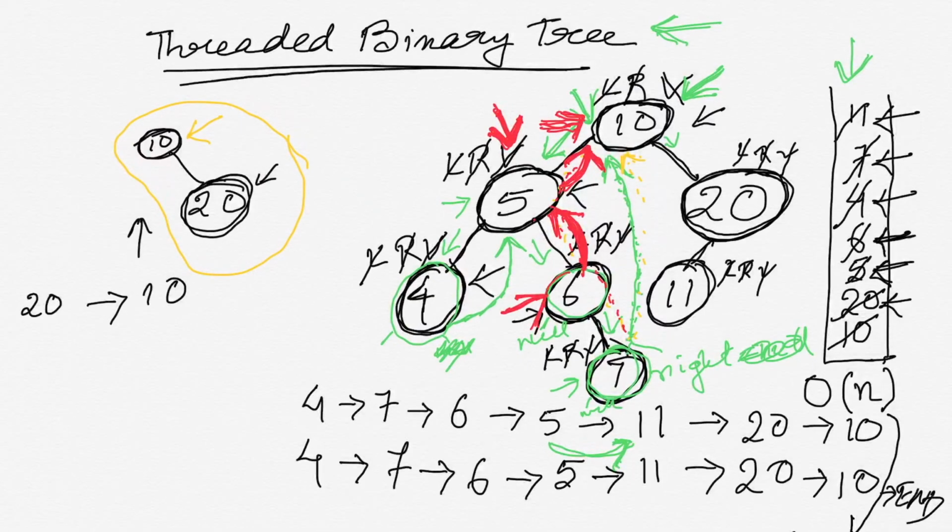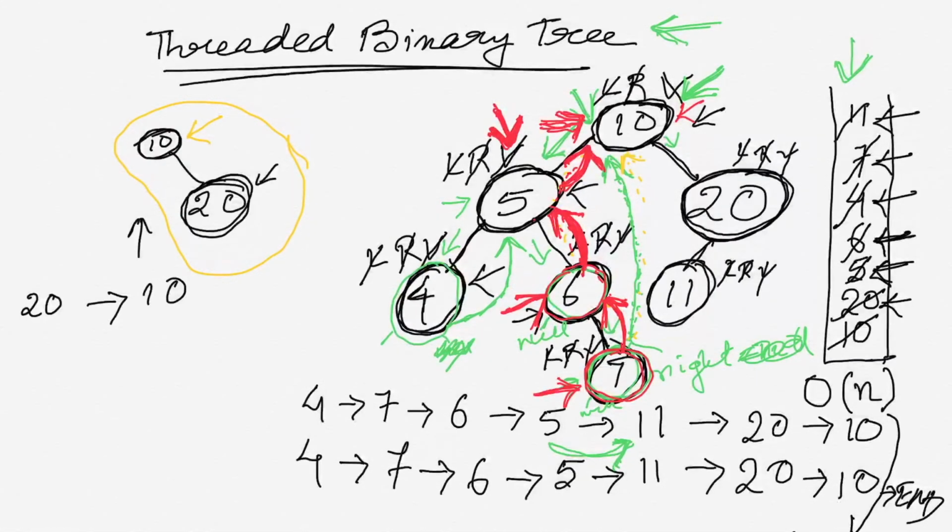So 6 is the right child of 5, so we point to the parent node using its right child pointer, and definitely we keep its previous right child in a temp, and when we come to the node with value 7, we modify its right child pointer and point to its parent. So you can see now the right child of 7 no longer points to the node with value 10.